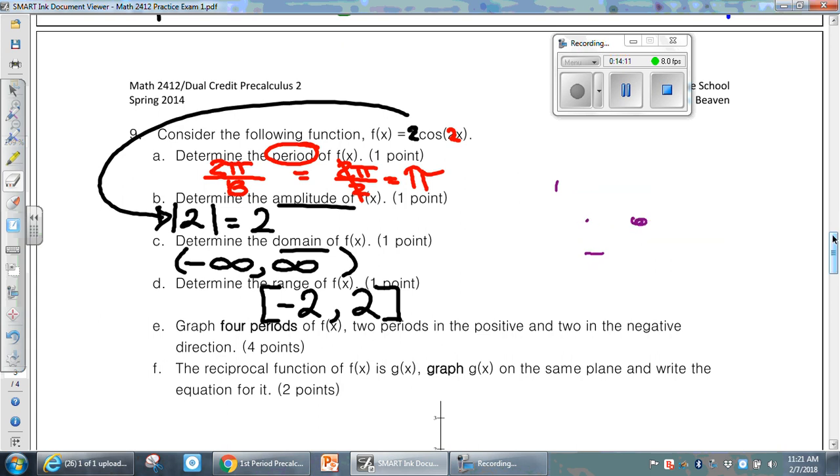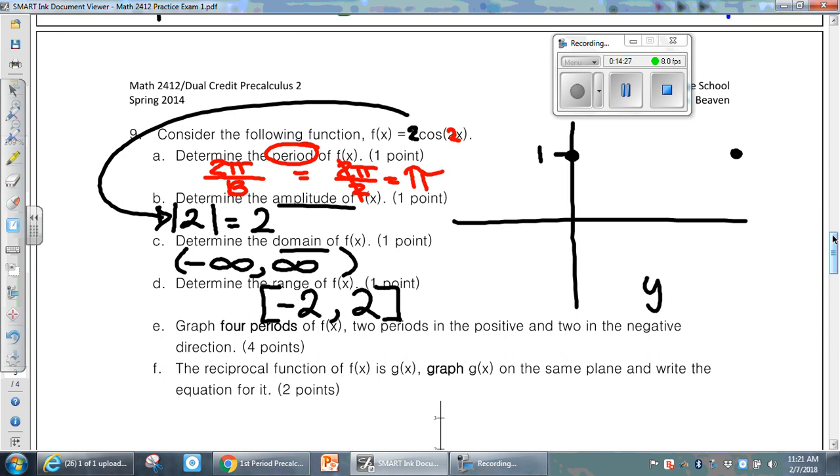Okay, so let's talk about cosine because that's what you have here. So cosine, the parent function, it looks like this. This is 1. And then we have the other max, so we have the 2 max, and this is the equation for that. Just the parent. And we know the complete period for the parent function is 2 pi. Yes? Do we agree with that? Yes.